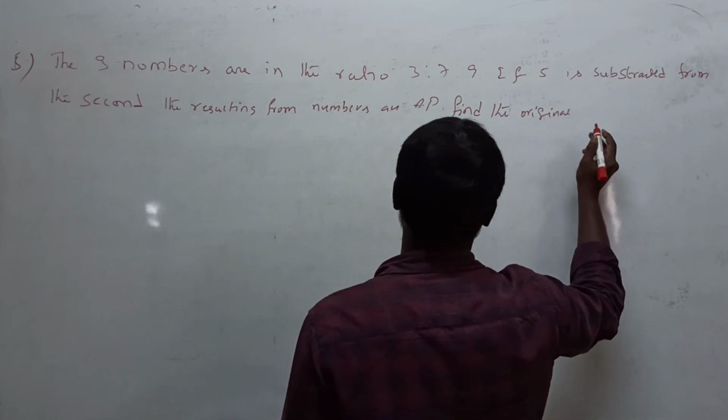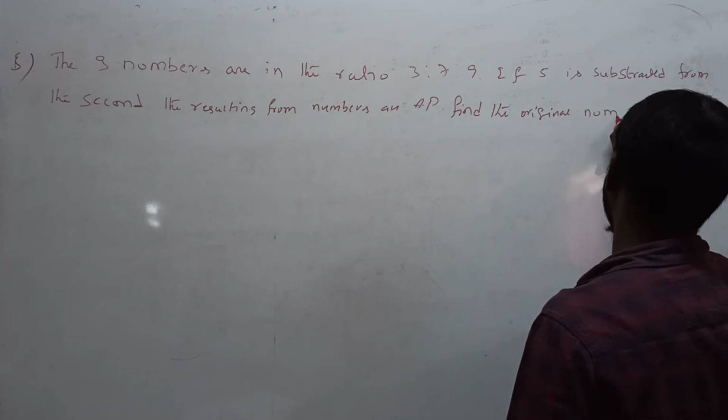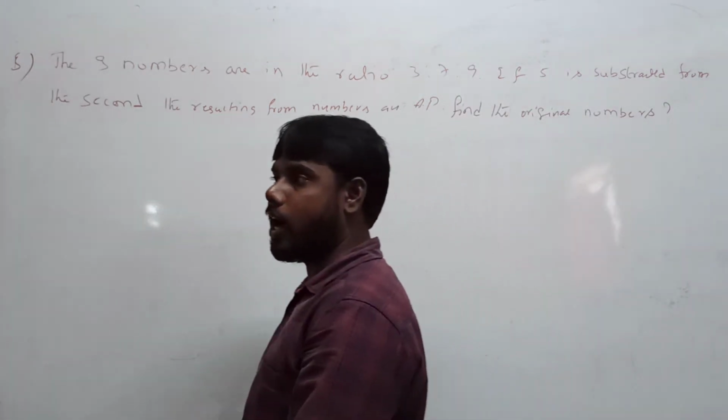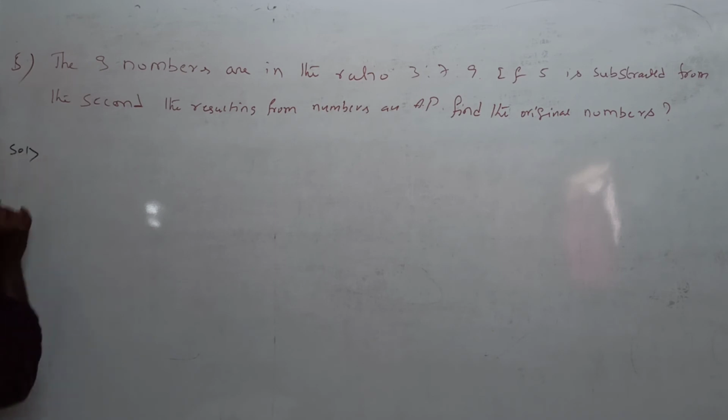They are not asking for the sum of the three numbers or the four numbers. We should apply the fourth note point: if a, b, c are in arithmetic progression. They are not giving a, b, c, so first you have to convert the ratio to a, b, c. That is the delicate part of the question. What is given?